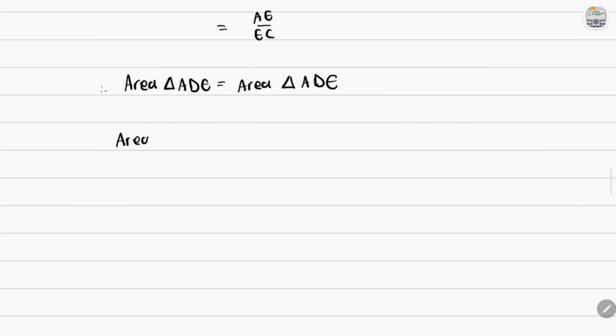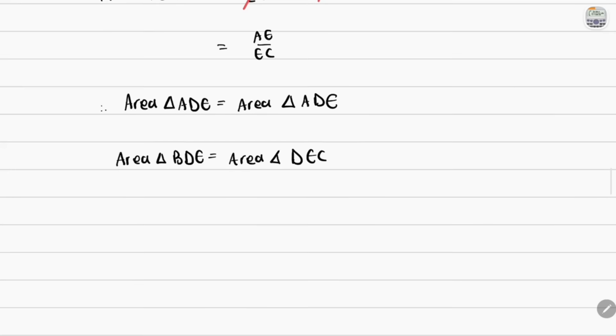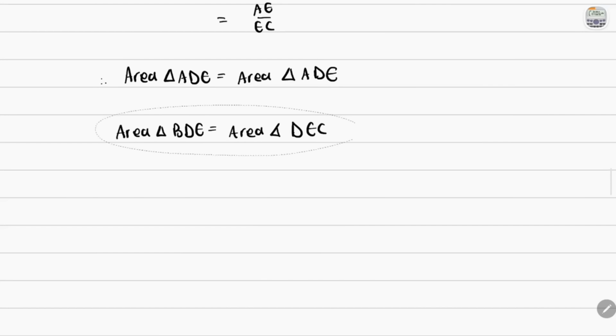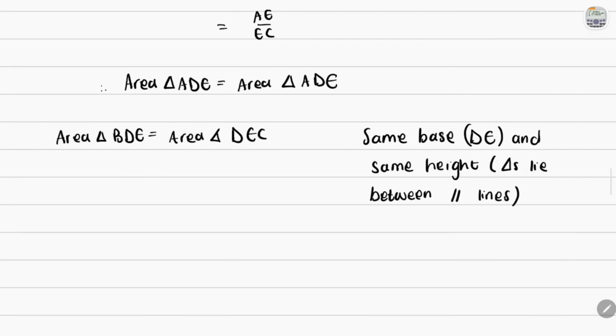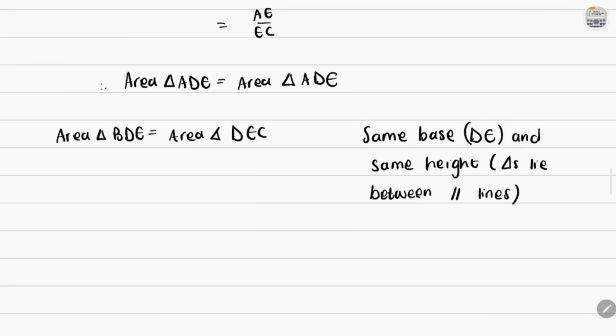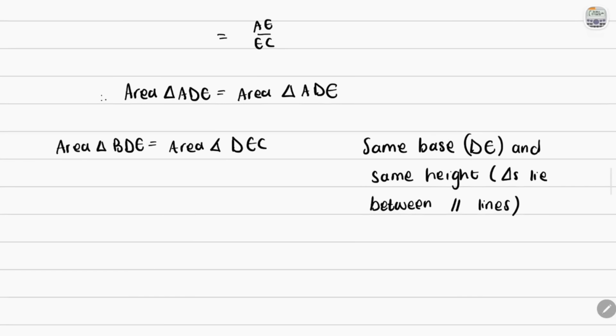So the area of triangle BDE is equal to the area of triangle DEC. And they're equal because they have the same base DE and they lie between parallel lines, so their heights are also the same.